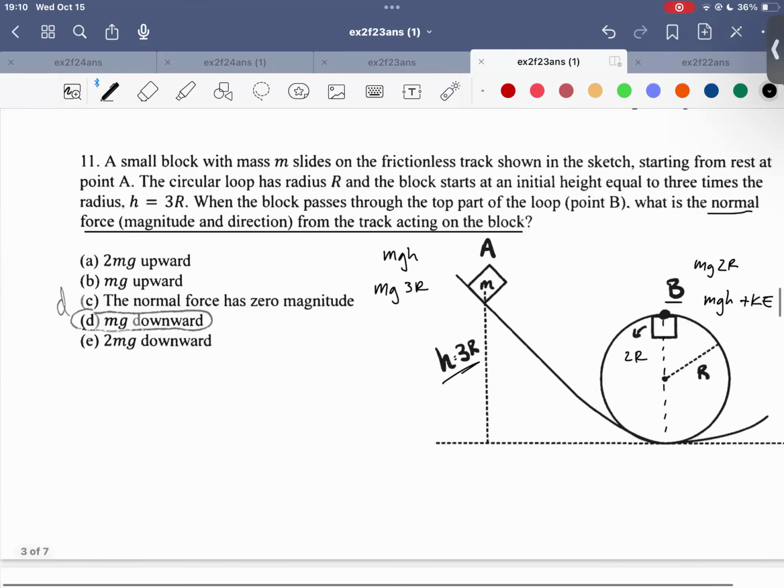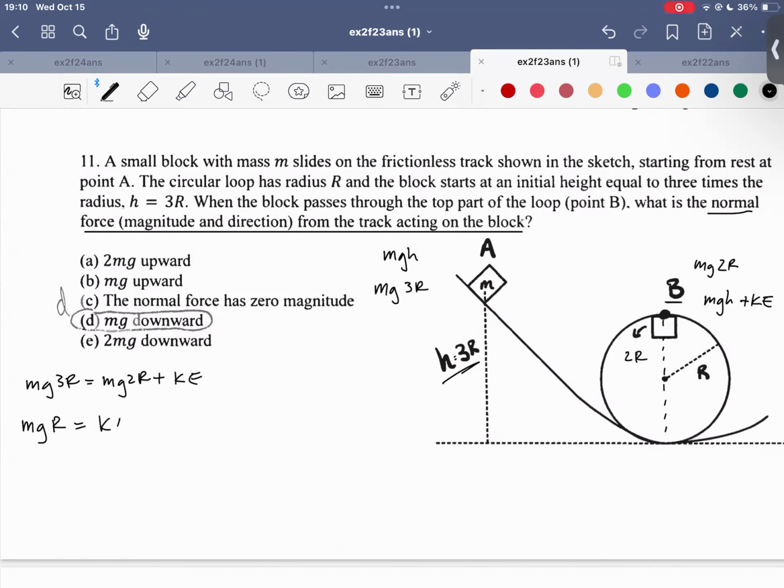And so putting this into an equation, we can see this. And when you move it to the other side, mgR is equal to the kinetic energy.